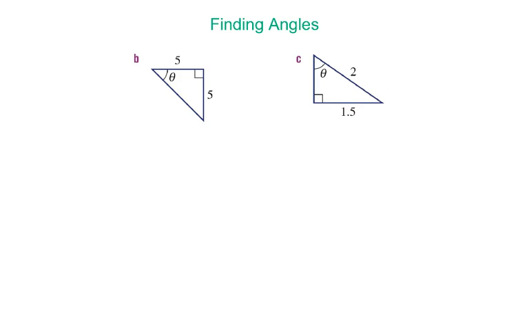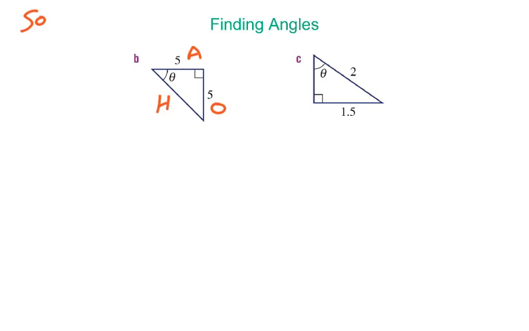Moving on to our next question, we're looking at now finding the angles. Now, in order to find the angles using trigonometry, you need to have 2 side lengths in order to work it. The process at the start is still the same. So we have our hypotenuse, our opposite, and my adjacent. So you label your sides accordingly.